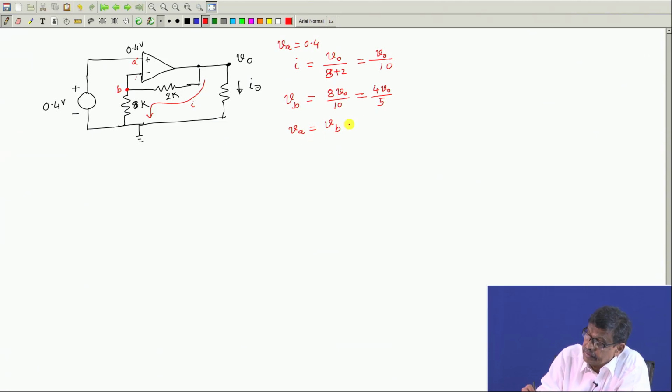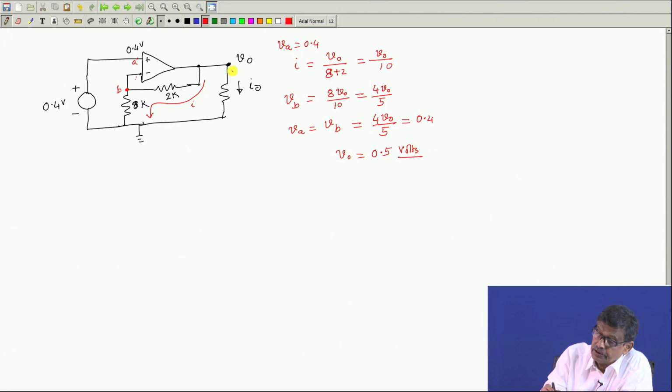So, V B, which is equal to 4 V naught by 5, is equal to 0.4 volt. So, V naught will be equal to 0.5 volt.